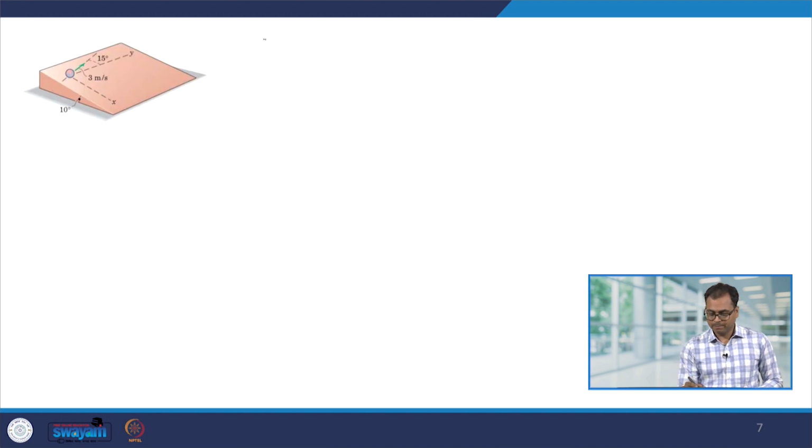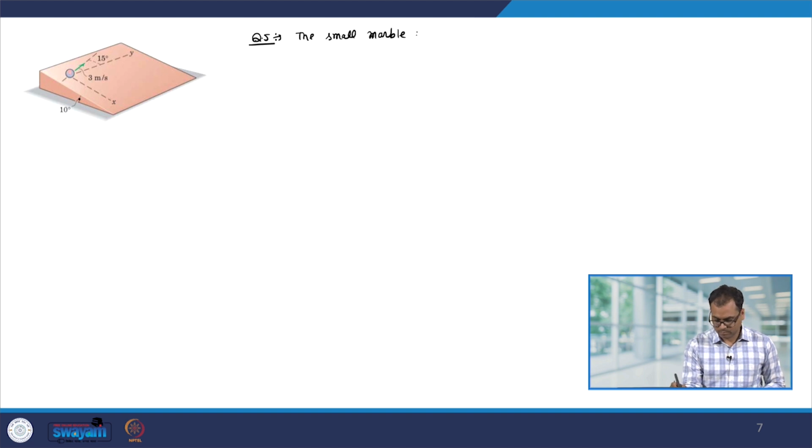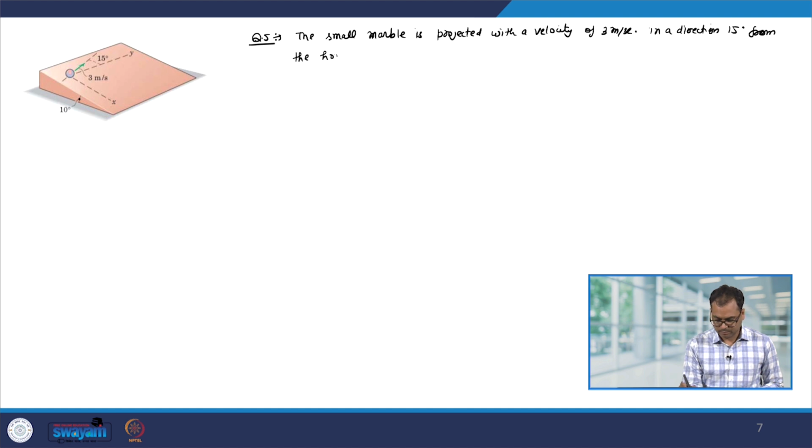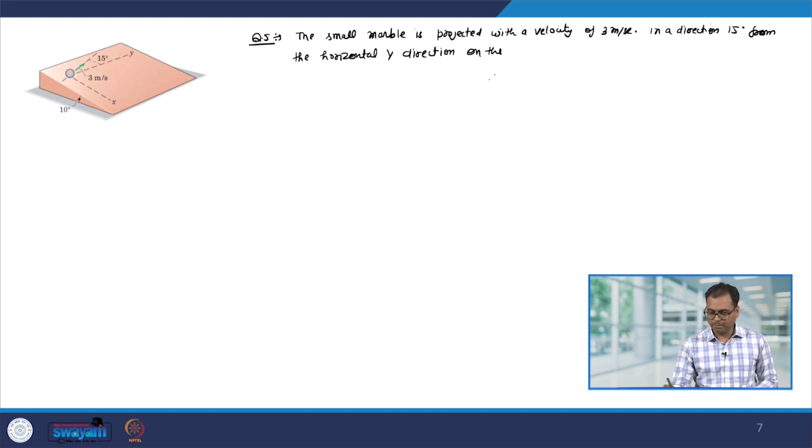Now, let us look at one more problem. The small marble is projected with a velocity of 3 meter per second in a direction 15 degree from the horizontal y direction on the smooth inclined plane.